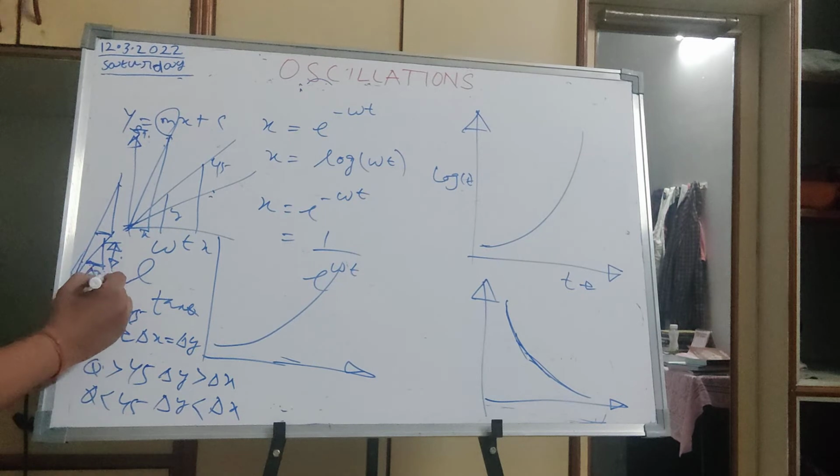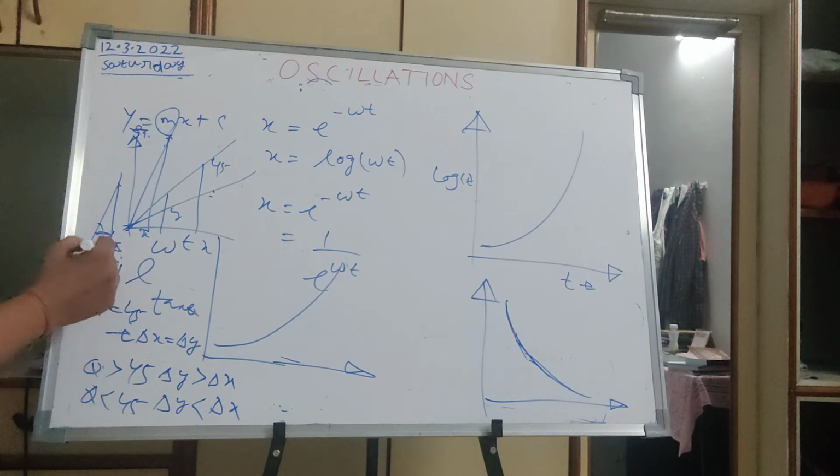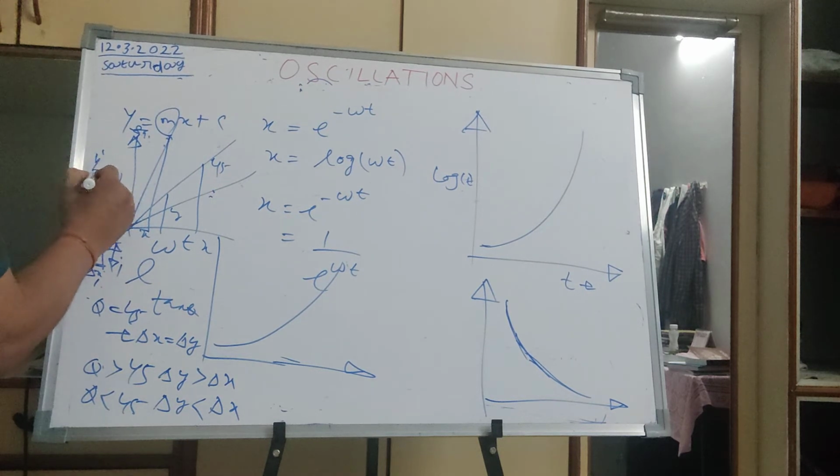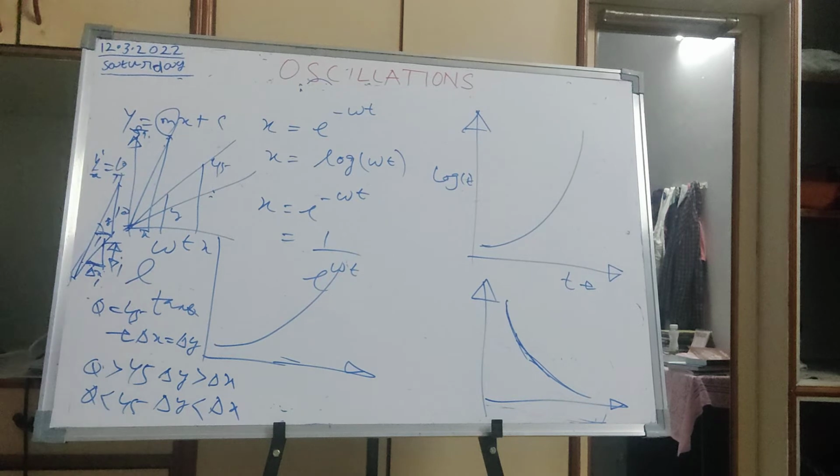For 45 degrees, for 1 it will be 1, but for a slope nearly equal to 80 degrees, for 1 it can become equal to 10. So slope is nothing but y by x, that is 10 by 1. But when it is 1 by 1, it is 45 degrees. So when we are going on a steep gradient, that means the slope is very high. Slope is the tangent of that angle.